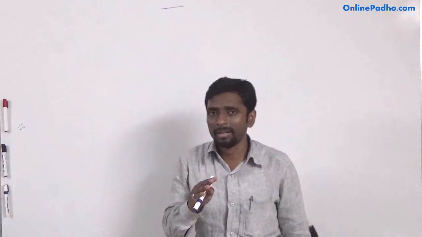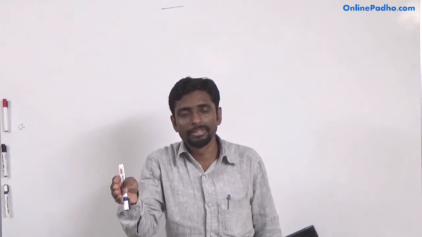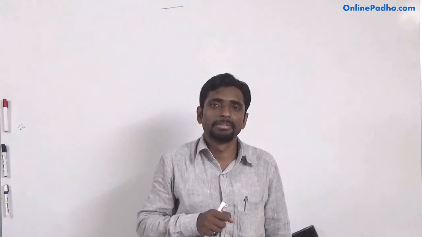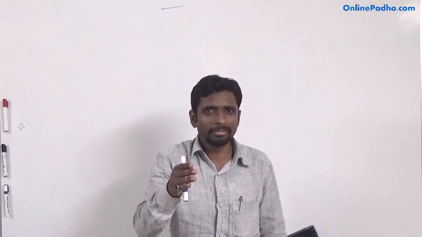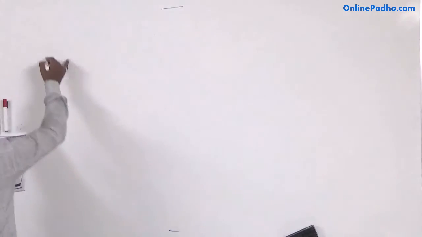If you change the relation into roster form, then the set of every first element is called the domain, and every second element of each ordered pair is called the range, right? So now the question is very important.